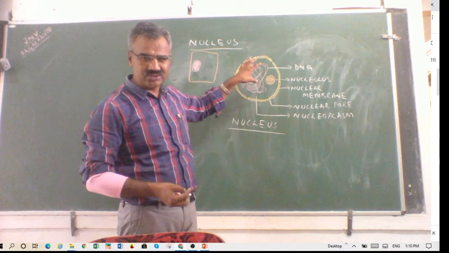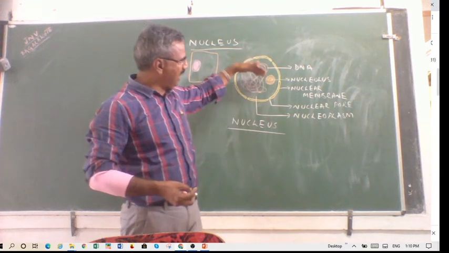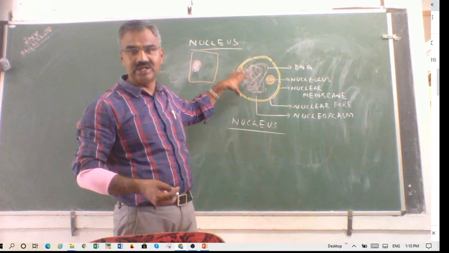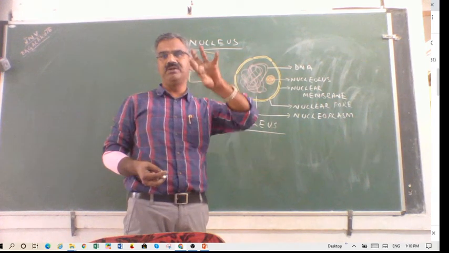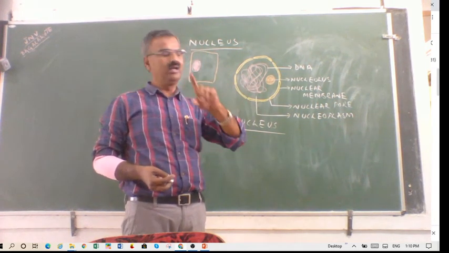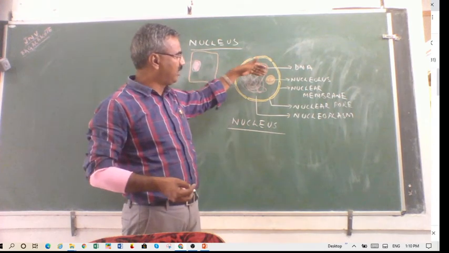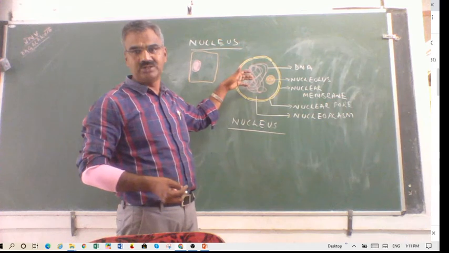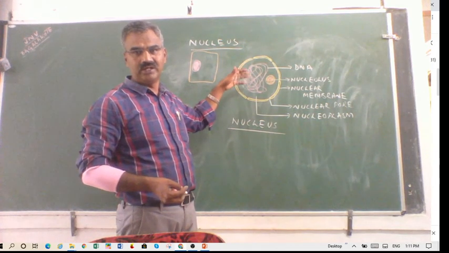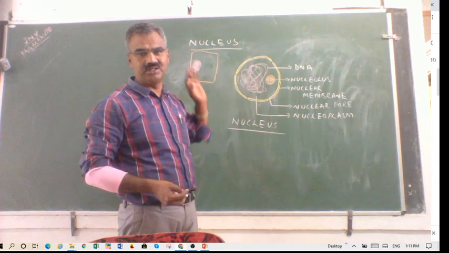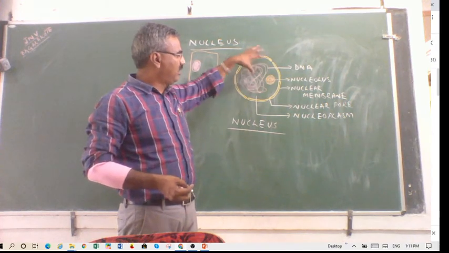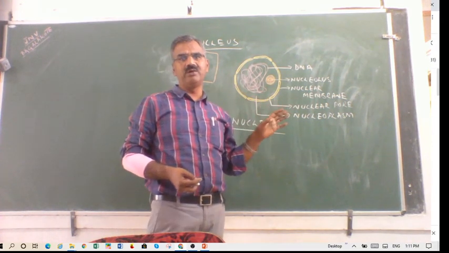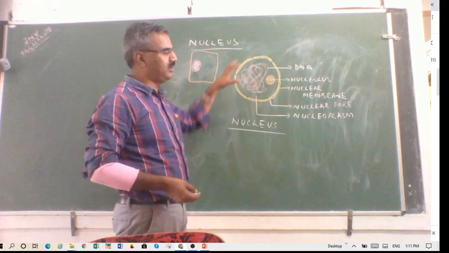Draw scientifically with a definite shape and size, and see the ratio between the different parts, proportionately. Then label it properly. All these things must be there whenever we speak about diagrams in science.